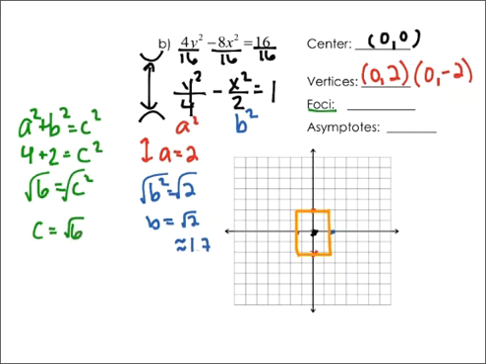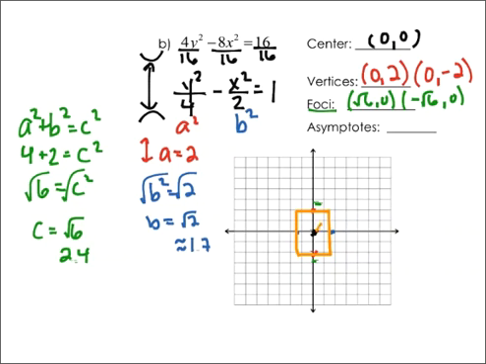That's not very helpful, so the square root of 6 is about 2.4. Remember, the foci are always inside the curves, so I'm going to go up 2.4 and down 2.4, because the focus has to be inside the curves, and the curves are going up and down.